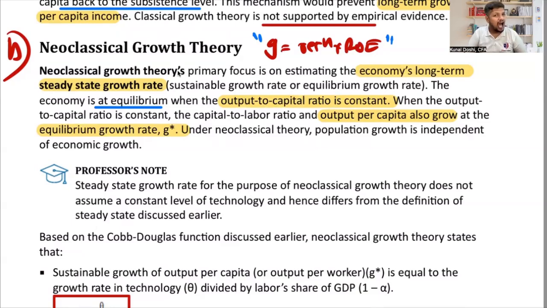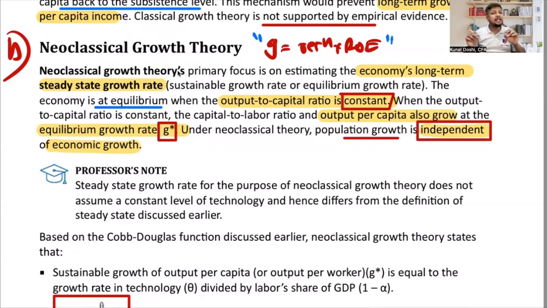So basically, the output per capita, meaning the GDP per capita, will grow at a constant rate. And the meaning is that the population growth is independent of economic growth. So, two things you need to understand: the output per capita grows at a constant rate, and the population growth has got nothing to do with the economic growth. It is independent. It is contrasting the classical theory.